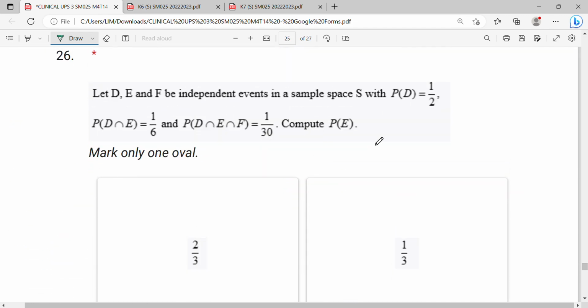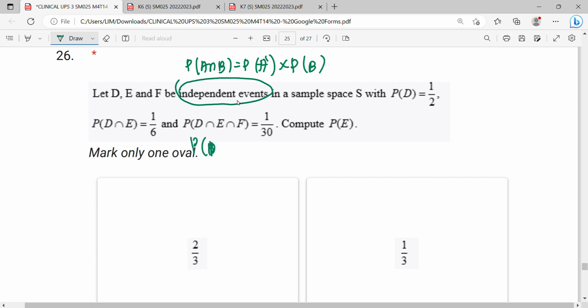Independent. So apa dia? They are independent. When you have it independent, A intersect B is equal to A multiplied with B. So this one means PD multiply PE multiply PF is 1 over 30.